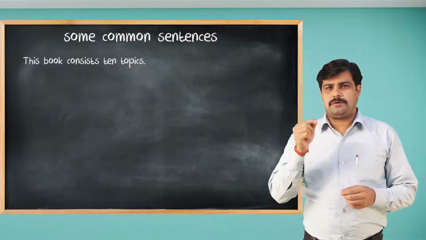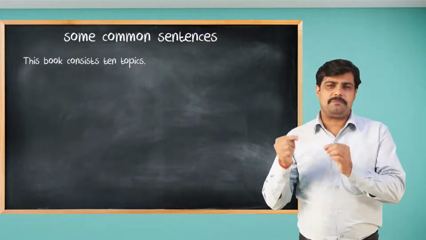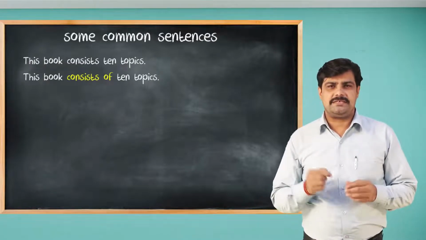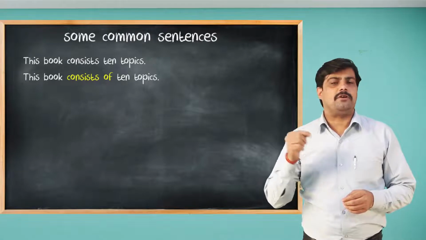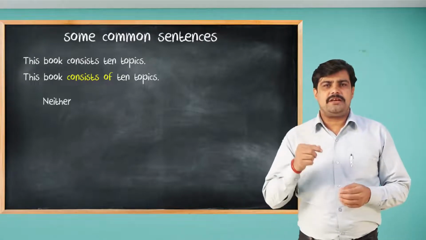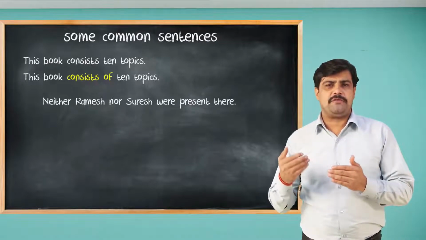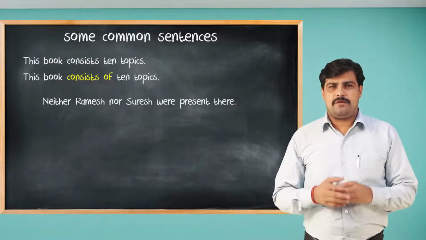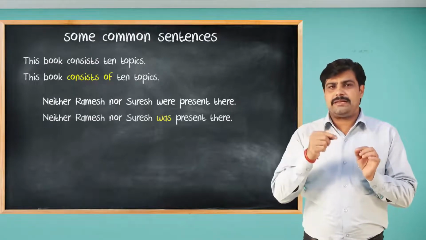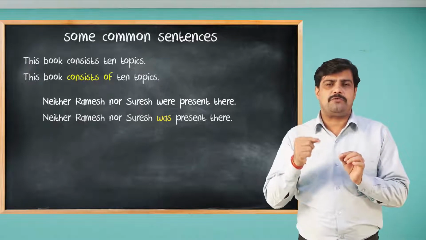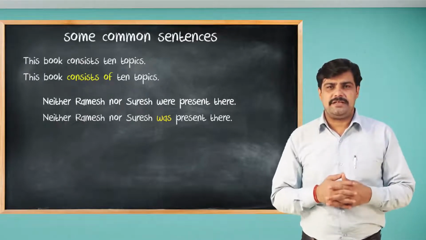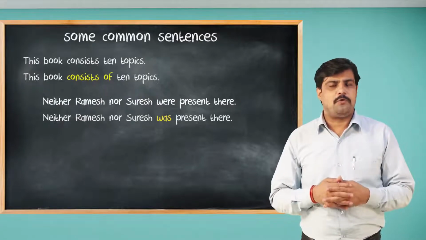Now the verb consist always takes a preposition after it. So use "of" after it and say the sentence, "The book consists of 10 topics." Another sentence you see, "Neither Ramesh nor Suresh were present there." Now in the sentence, neither always requires nor. And when it takes nor, it is always followed by a singular verb. So now say the sentence, "Neither Ramesh nor Suresh was present there."